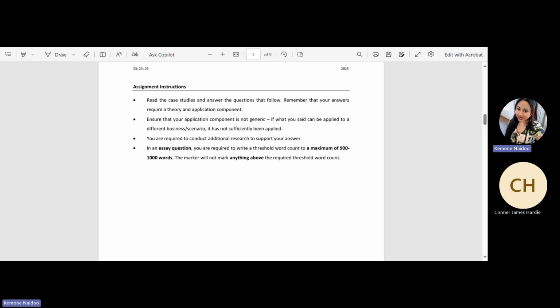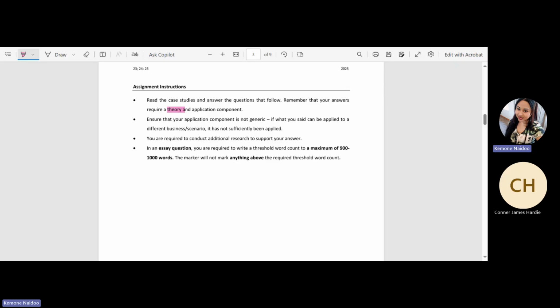That brings me to the next point, where we need to balance out our theory and our application component. Theory relates to the content aspect. This is the work from the textbook, your lecture slides, the research articles, all of that.